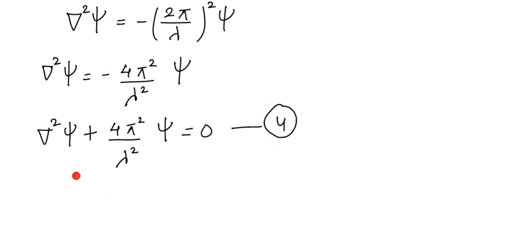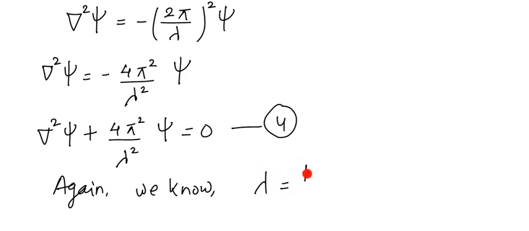And again we know that lambda is equal to h divided by p. It means lambda is equal to h upon mv or mu, just momentum p is equal to m into v, or simply mu. Then put this value into equation number 4.